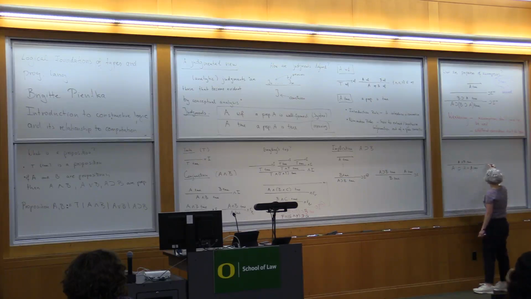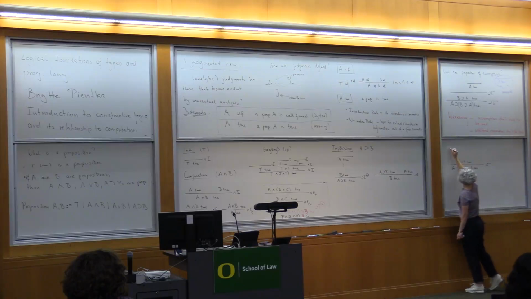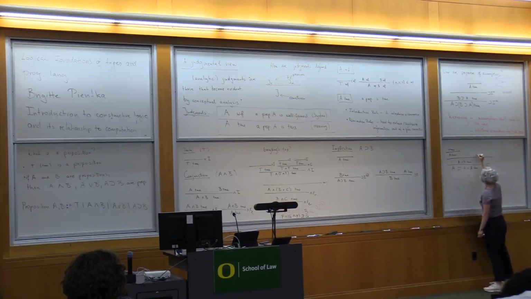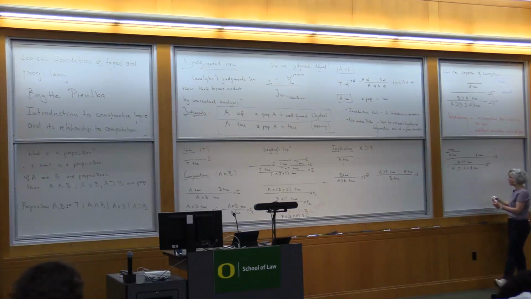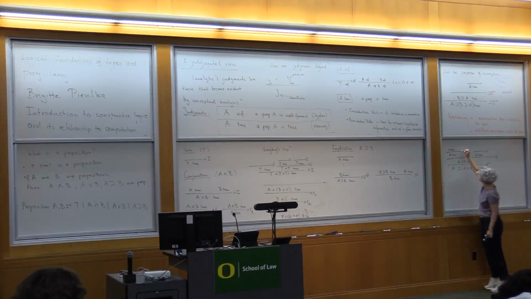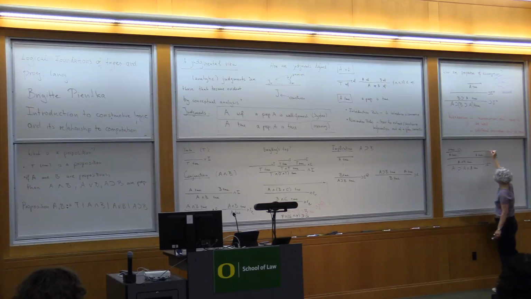I might take an introduction. So that's my assumption, and I need to prove twice that A is true. So what I'm doing is I'm actually duplicating it. I'm using it twice, here and here. And that's where it was introduced, or where it was discharged.